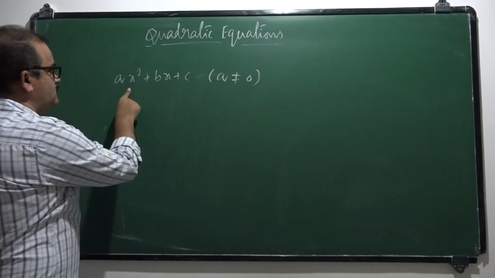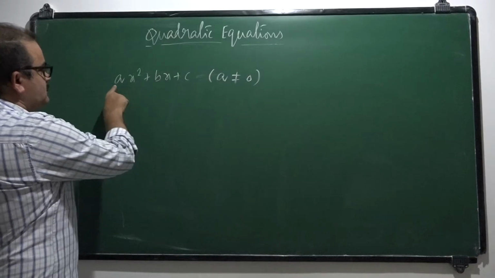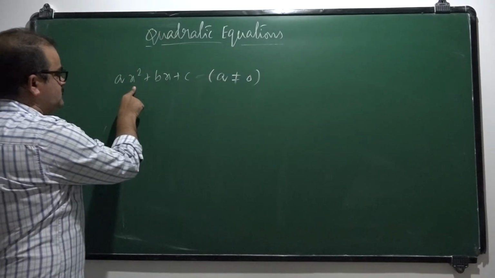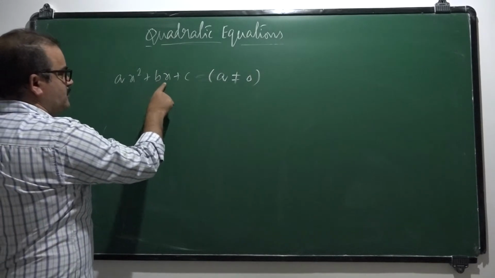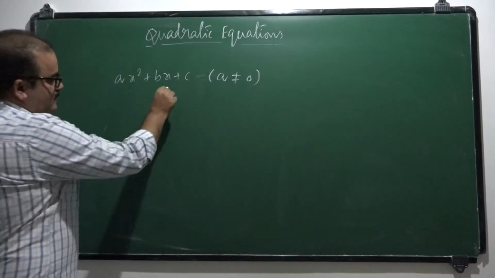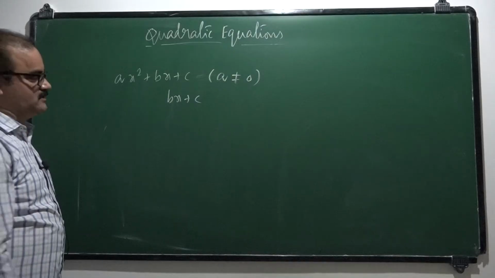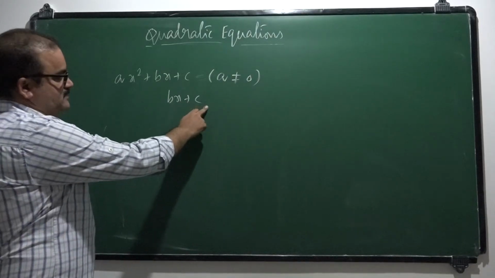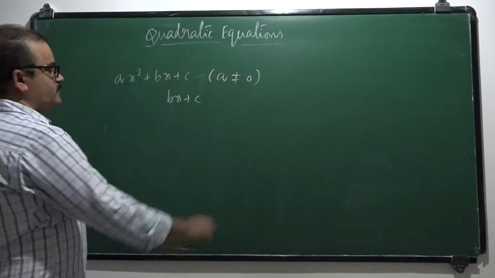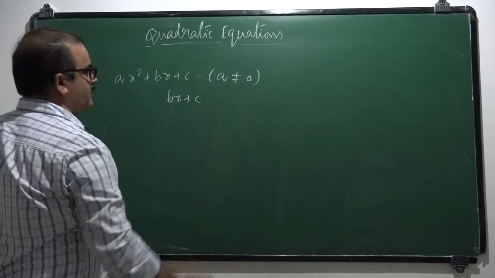If a is equal to 0, what happens? Then the first term becomes 0, then it becomes bx plus c. It is not a quadratic expression, it is a linear expression. So this condition is mandatory, a not equal to 0.